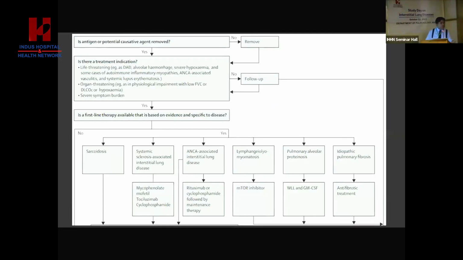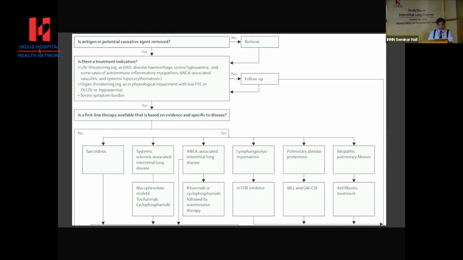So, the last couple of slides. These last two slides conclude my talk. Is an antigen, a potential causative agent, present, and have you removed it? Yes, then go for the treatment indications, like for ANCA-associated disease. Look for the first-line therapy available, based on evidence specific to the disease.